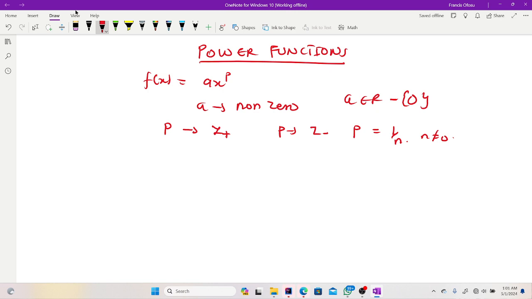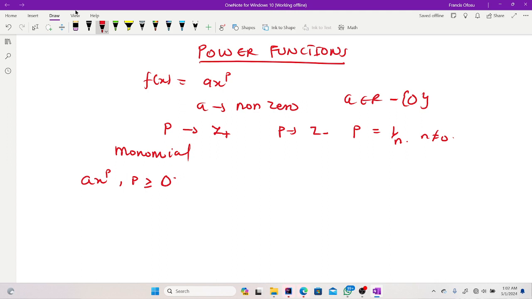The nature of p will determine the type of power function we are dealing with. When p is positive, I'm going to have what we call a monomial. So a monomial is when you have ax to the power p, where p is greater than or equal to 0, because when it's 0, you still have a monomial, right?